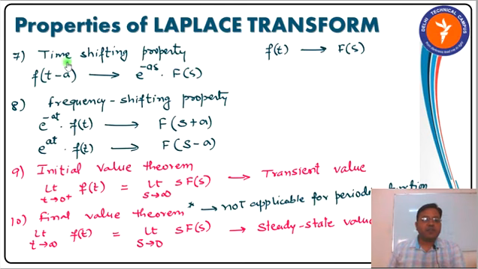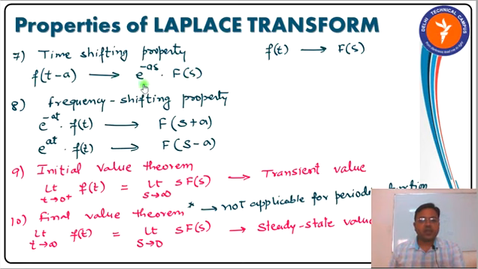Then we have the time shifting property, a very important property. In this property we discussed that if we have f of t whose Laplace transform is F of s, then f of t minus a, which is the shifted version of this function, is the result of time shifting in the time domain.